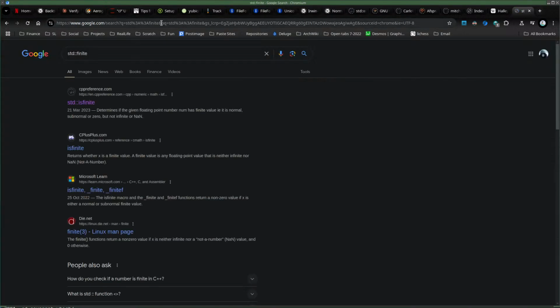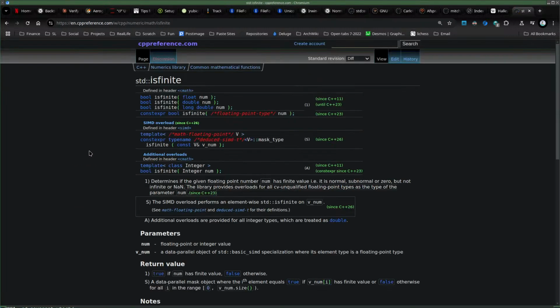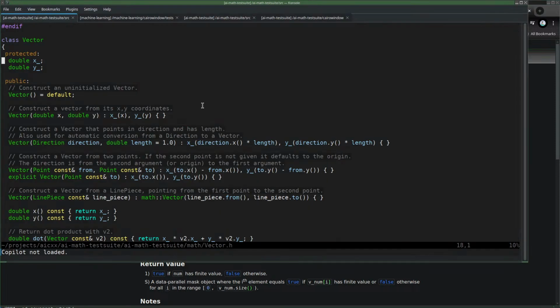Is finite: normal, subnormal or 0, but not infinite or NaN. Okay, I'll continue to do that. Just looking for NaN, but probably not a good idea to draw infinite coordinates as well. So we want standard is finite, so then I can simply add something called bool is finite.